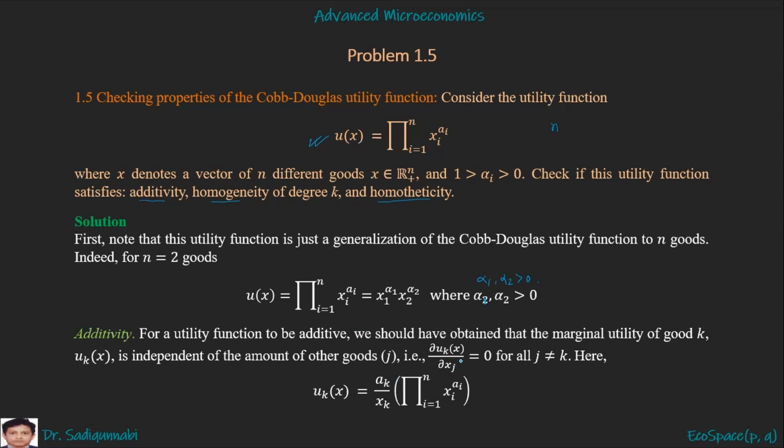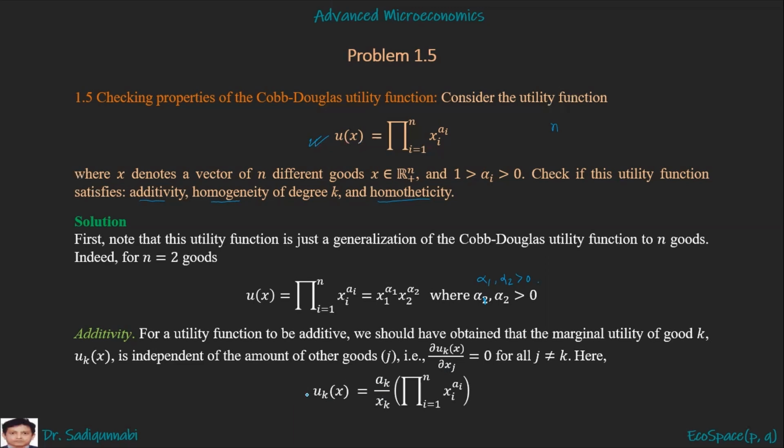That means the first derivative of the marginal utility of good k with respect to any other good should be equal to 0. This is the definition of additivity. If this is not equal to 0, then we can say that it is not additive. So first take the marginal utility of good k from this utility function.